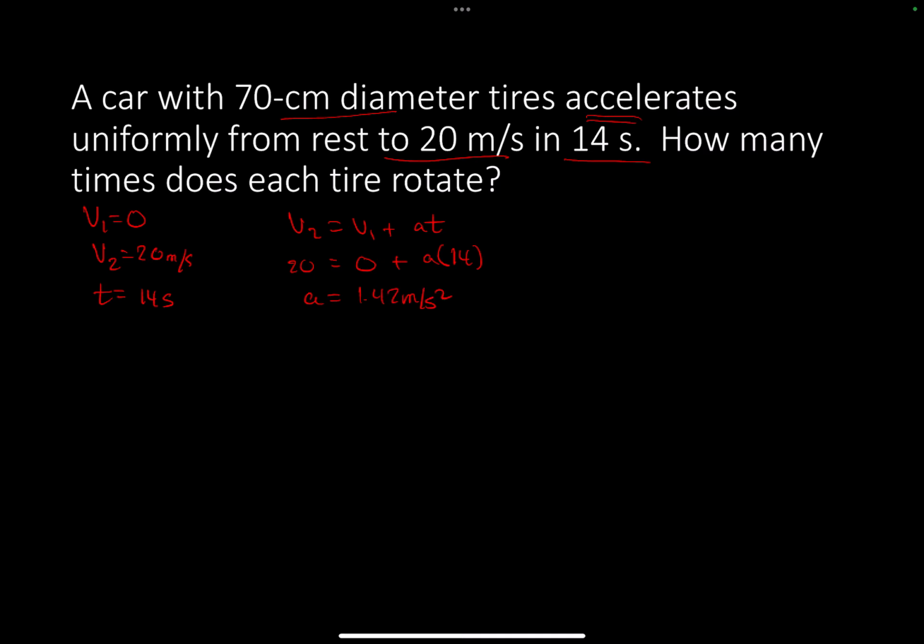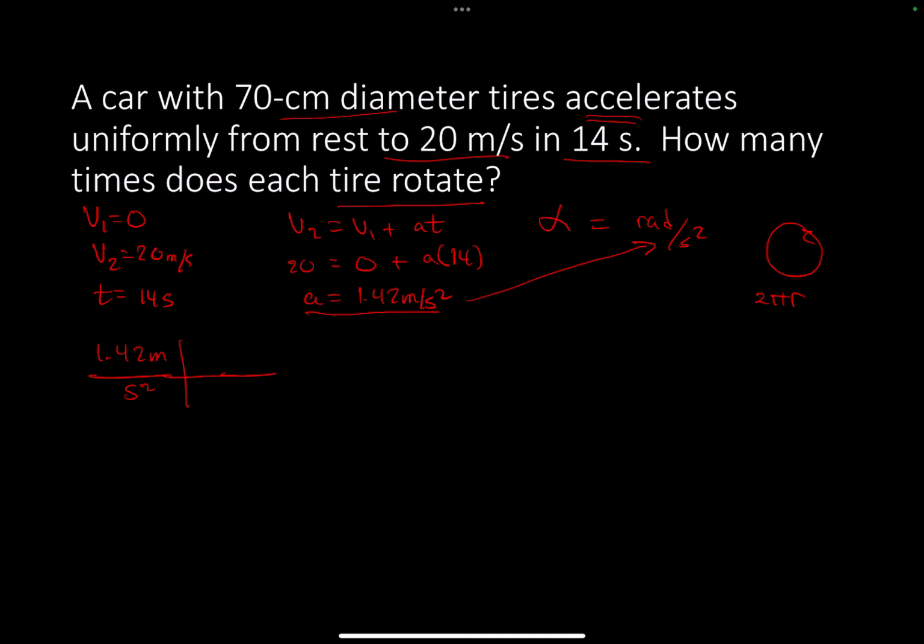So I'm going to say 1.42 meters per second squared. And since it's a circle, a circle has a distance around it of 2 pi r. So there are 2 pi, and then the radius here is 0.35, half of 0.70.